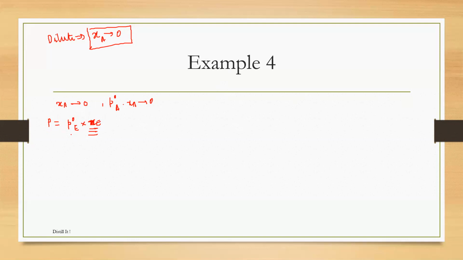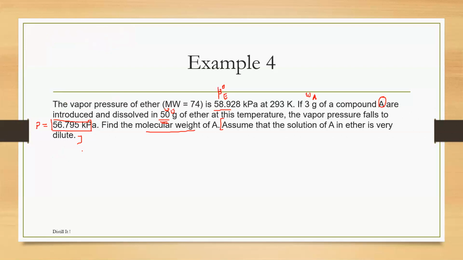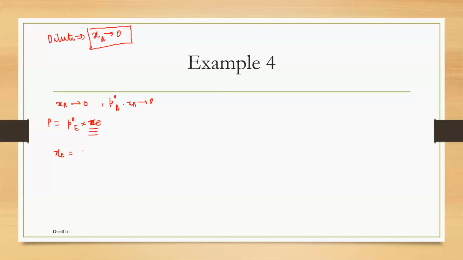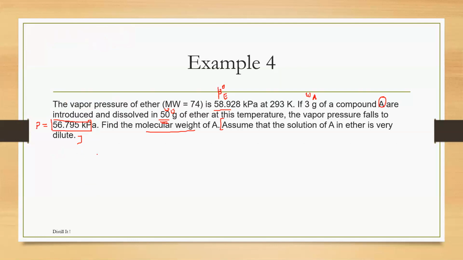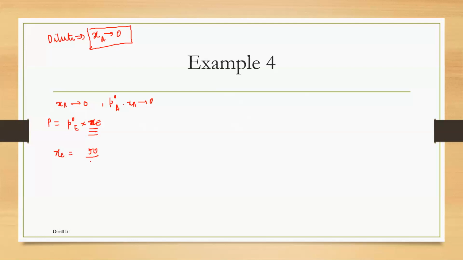So for that, we are going to calculate XE. XE is nothing but mole fraction of ether. Now see that they have said that we have dissolved A in 50 grams of ether. So weight of ether is 50 grams and molecular weight of ether they have given to be 74.